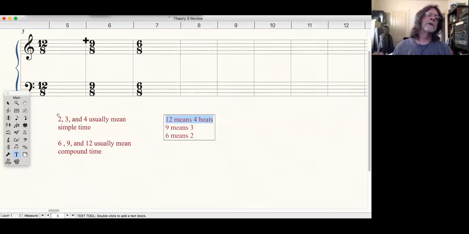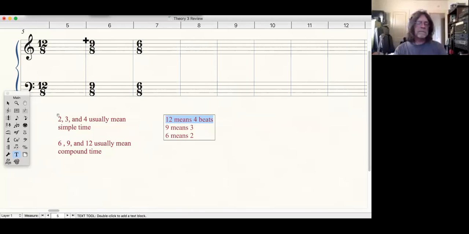Because again, the 8th note below the 12 or the 9 or the 6 is telling you what subdivides the beat. So 8th notes subdivide the beat, and compound means 3. That means for each beat you're going to have 3 subdivisions. Does everybody understand that? No, sir.